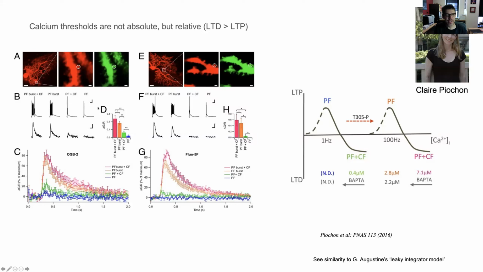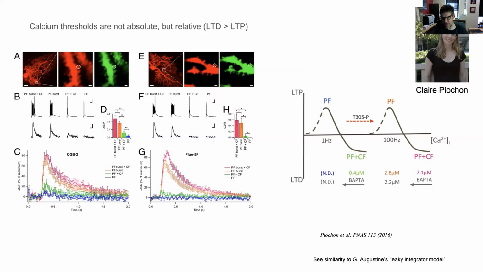What I mean by that, you see here in these experiments, also done in slice with confocal imaging and electrophysiology. We measured calcium signals in spines and applied typical stimulation blocks for LTD or LTP protocols, and looked at the calcium signals. We had a 1 Hertz protocol, meaning one parallel fiber pulse together with a climbing fiber or not, and a 100 Hertz burst.